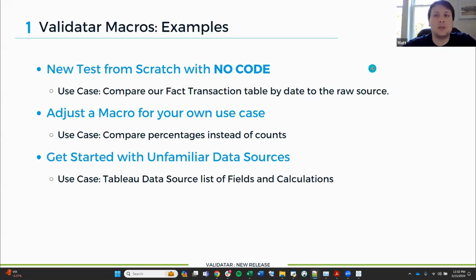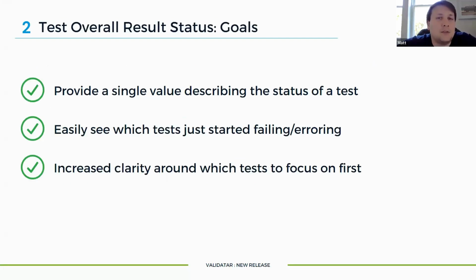But there are some additional ones that are really valuable. We're going to talk about overall result stats for tests. The goal here is to provide a single value that describes the current status of a test. This is going to allow you to easily see which tests are just starting to fail or just starting to error, or have been consistently erroring or consistently failing, and so forth. Hopefully this will drive clarity on which things to focus on first.